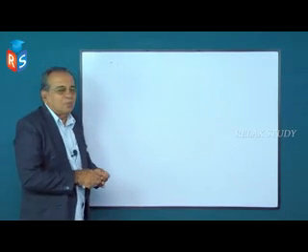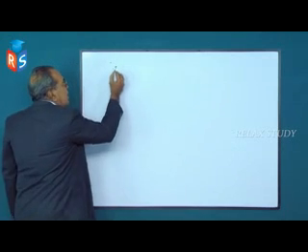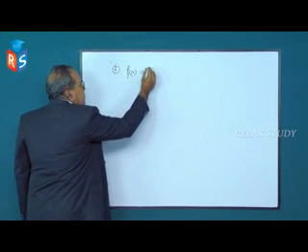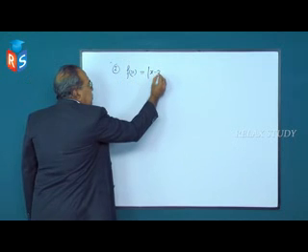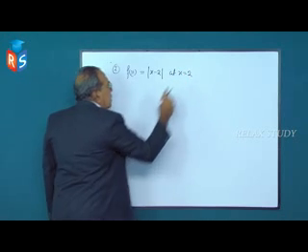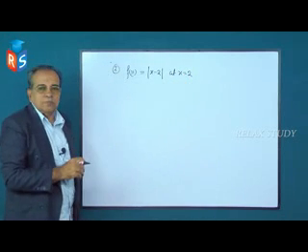Second example. f(x) is equal to the absolute value of x minus 2 at x equals 2. Discuss the continuity.